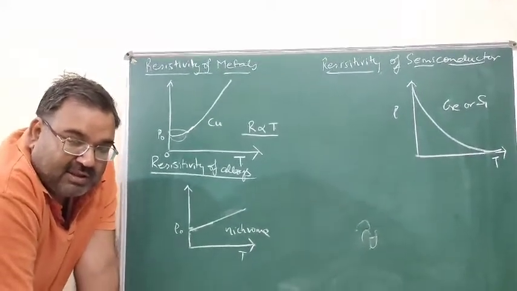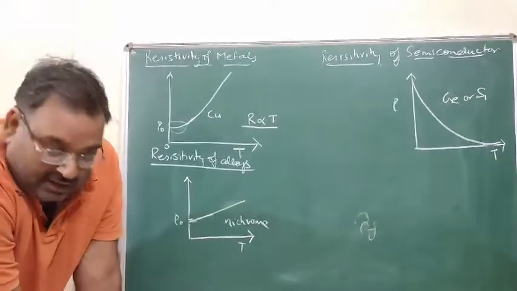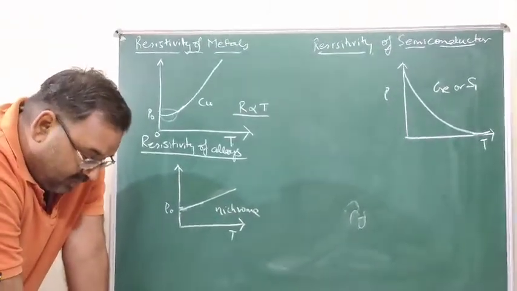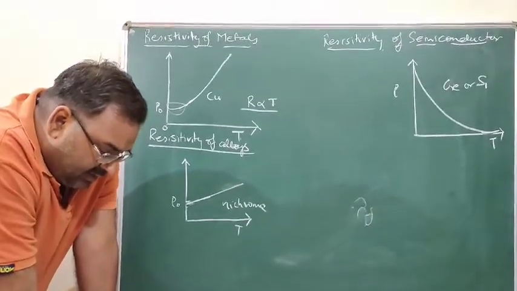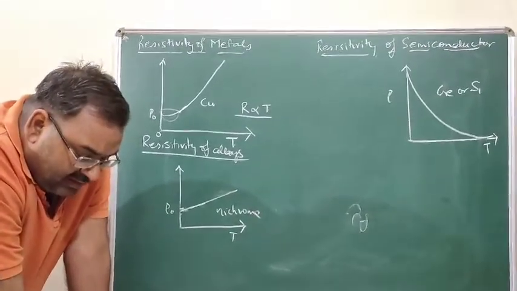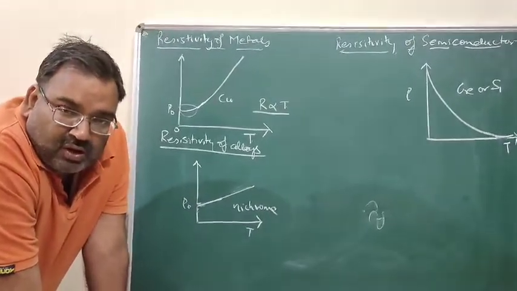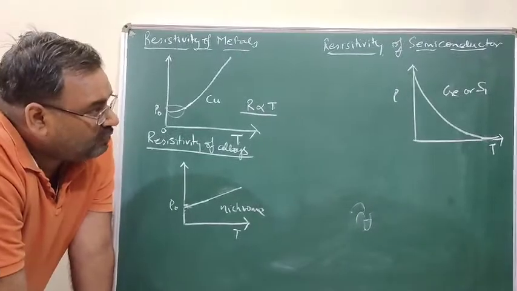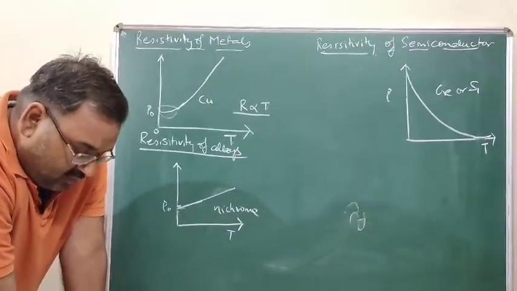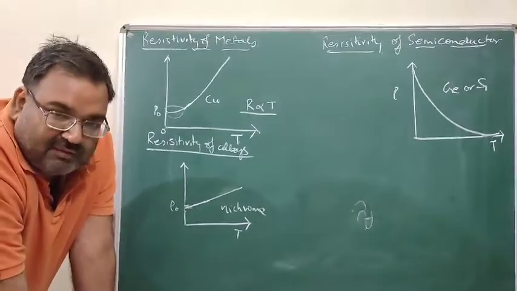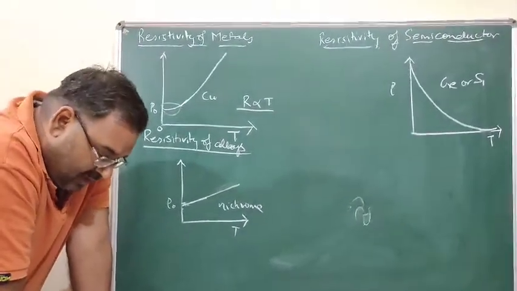At high temperature, they will give you very large current because resistance will be nearly 0. So the resistivity of the semiconductor is very high at absolute 0. You can see the graph is almost touching the x-axis, so the current is almost 0. You don't get current. When the temperature increases, the resistivity decreases.